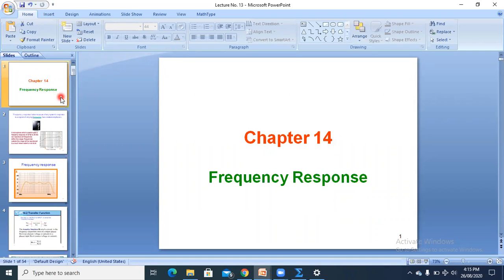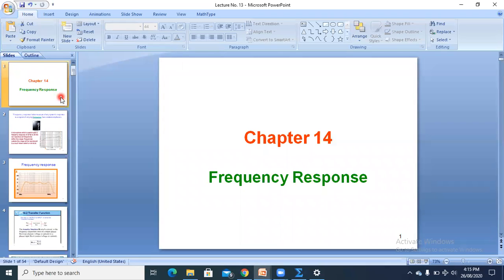With the help of this value of omega, we can transform the circuit into the phasor representation or the frequency domain.